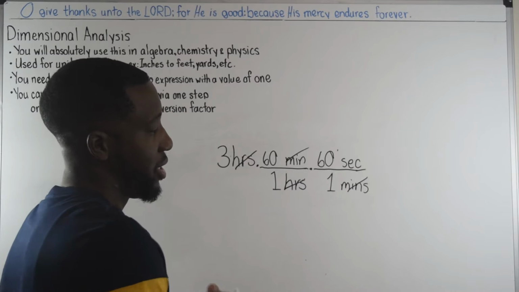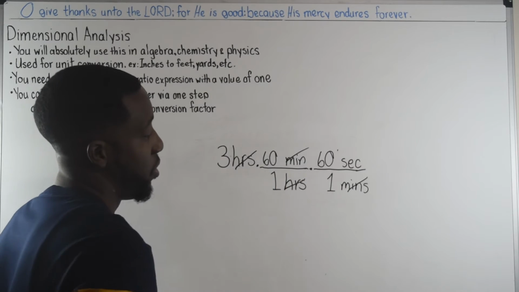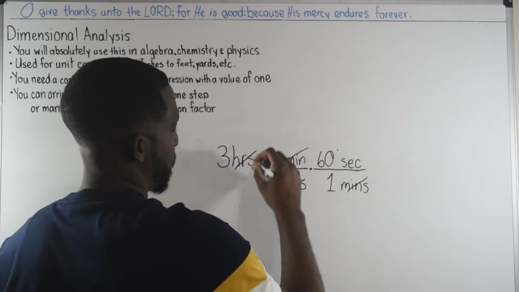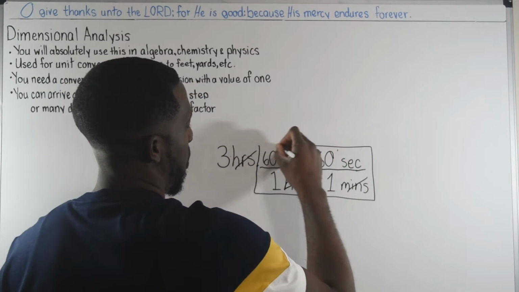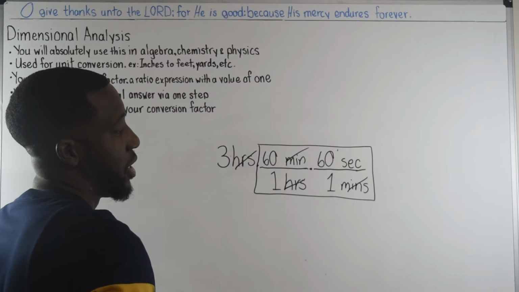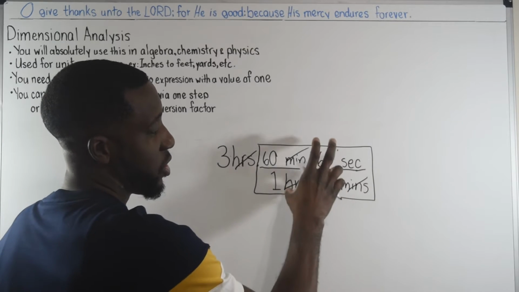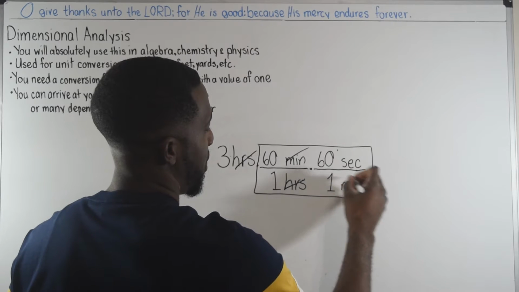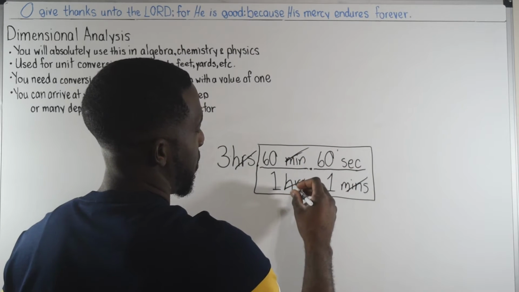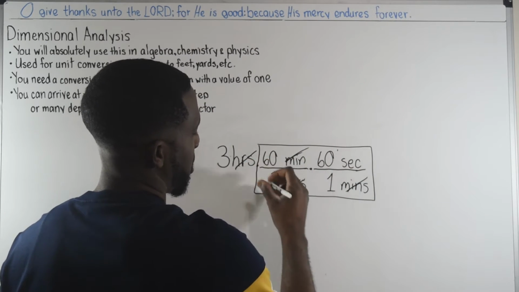Well, I do, but just for the sake of this example. So for future reference, I can combine this whole step into one right here. All right, so I'll have minutes cancel out and the hours cancel.